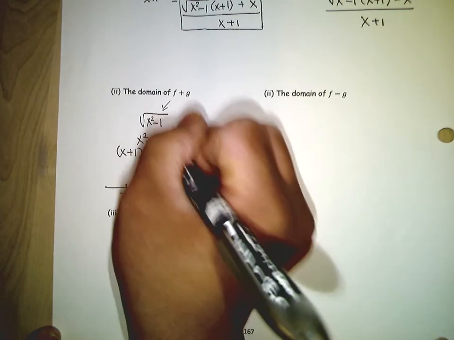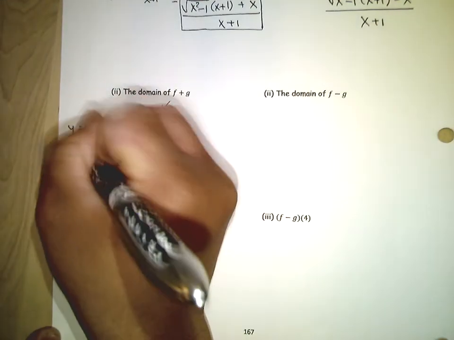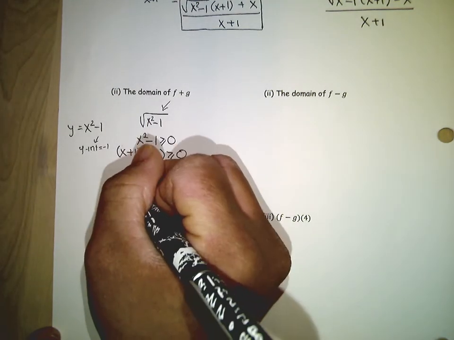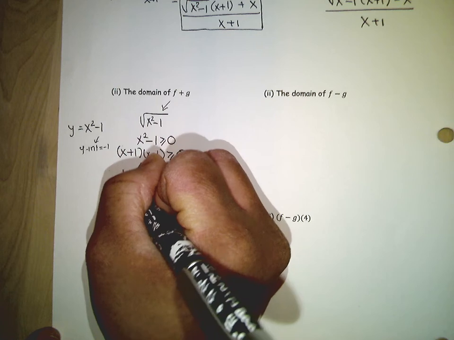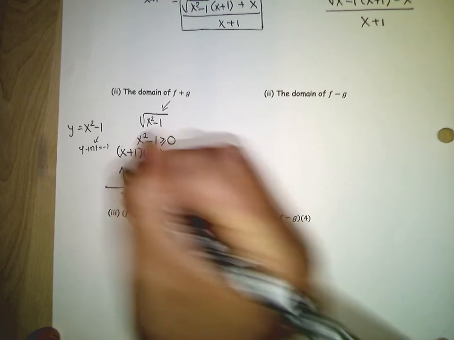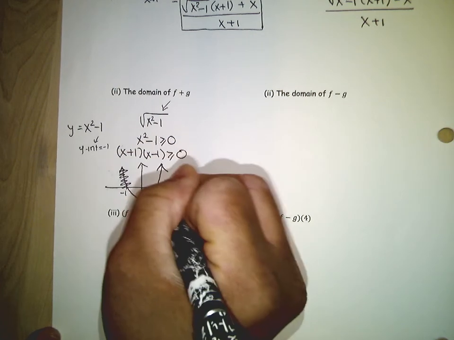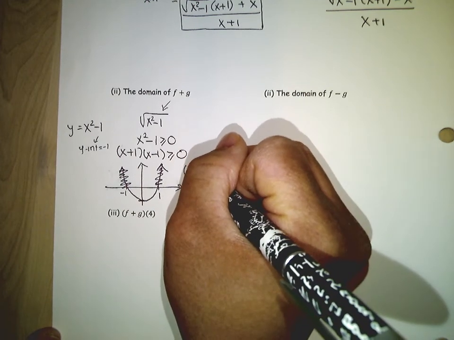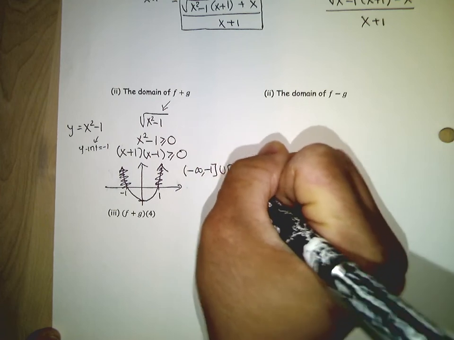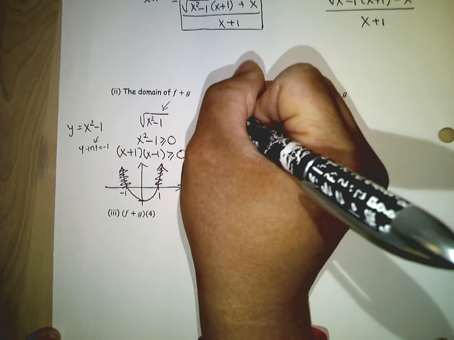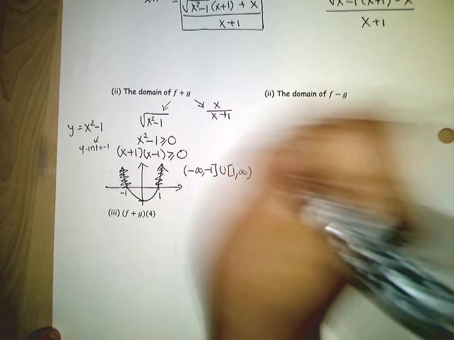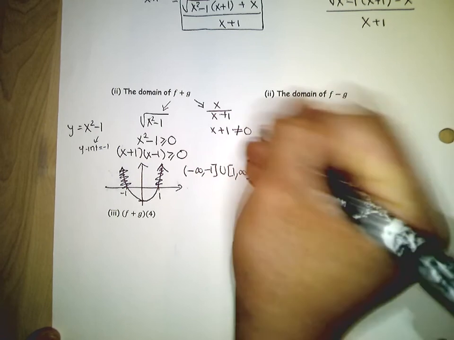And because this x squared minus 1 has a y-intercept of negative 1, I can go ahead and draw the parabola here, and I can see the intervals right away where this is greater than or equal to 0: from negative infinity to negative 1, or 1 to infinity. However, I know that x over x plus 1 is a rational function, and the denominator x plus 1 cannot equal 0.